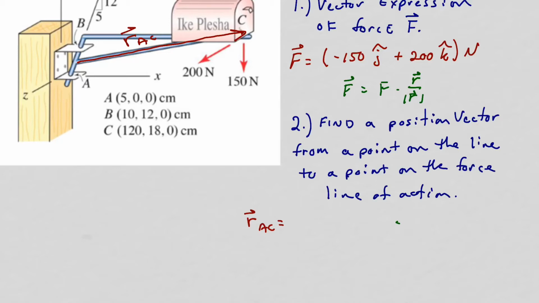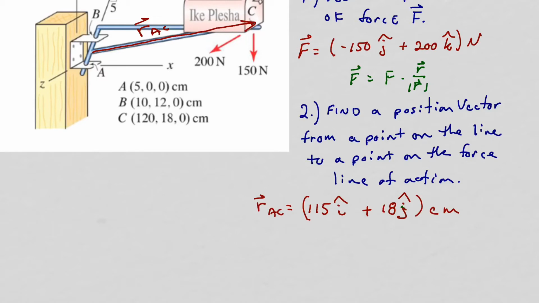The head is the arrowhead end, so C minus A. So we are given 115 i hat plus 18 j hat. And there's nothing in the z direction, so there's no k hat. This is in centimeters. That is our position vector, r_AC.